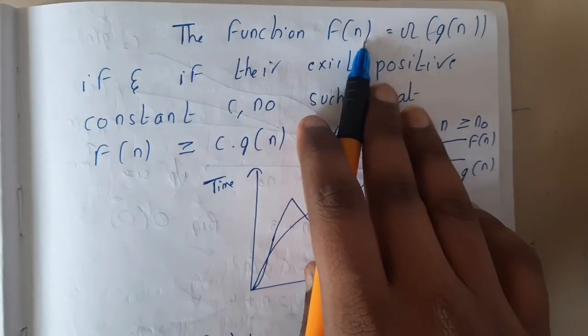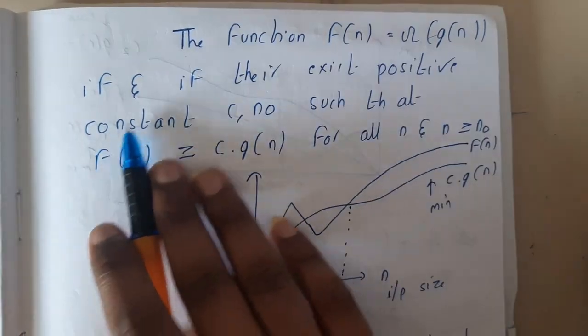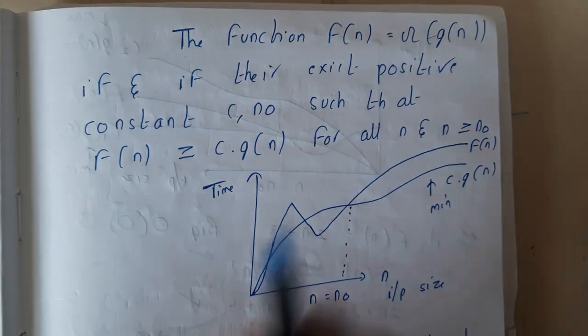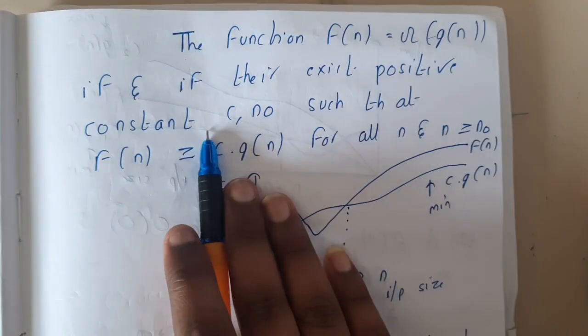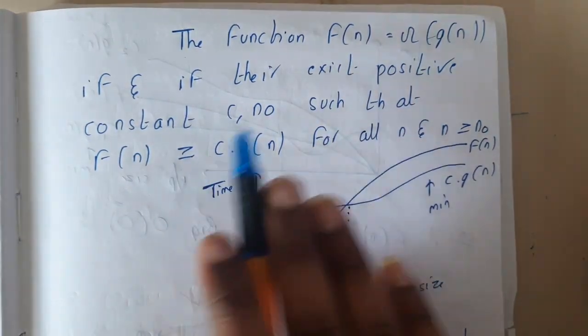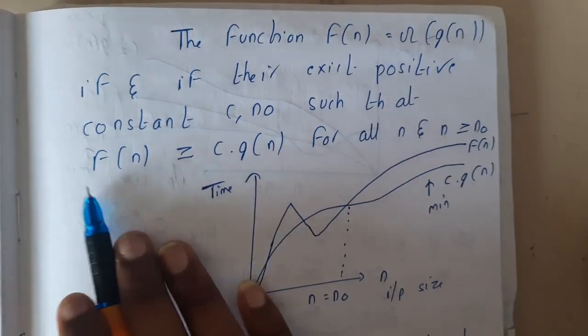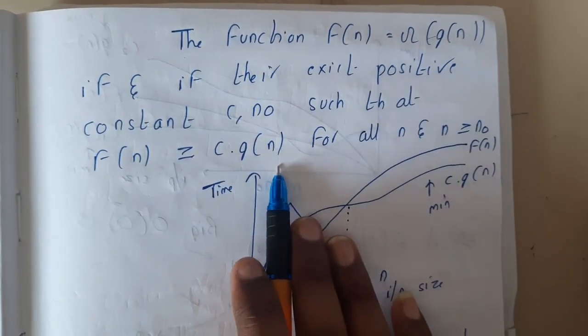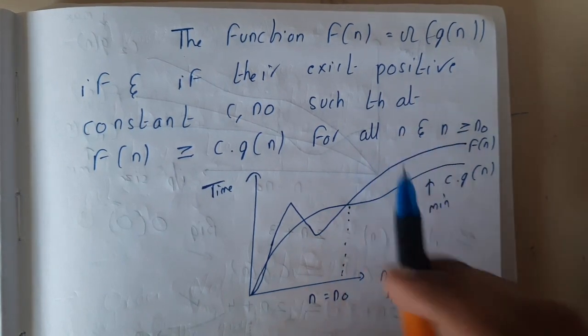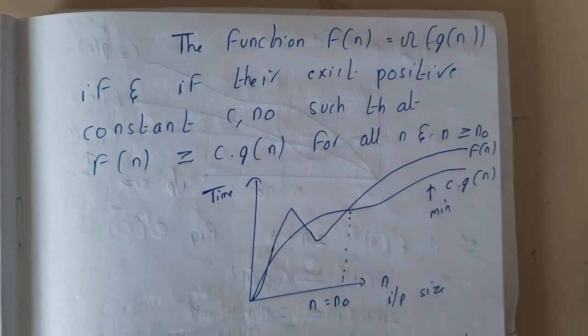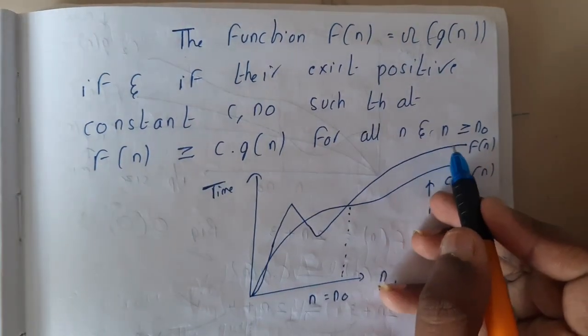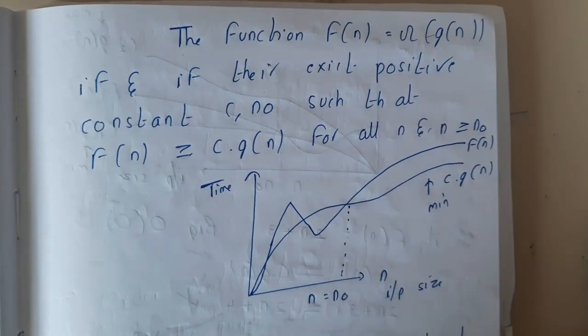So the function f of n is equal to omega of g of n if and only if there exist positive constants c and n naught such that f of n is greater than c into g of n for all n greater than or equal to n naught.